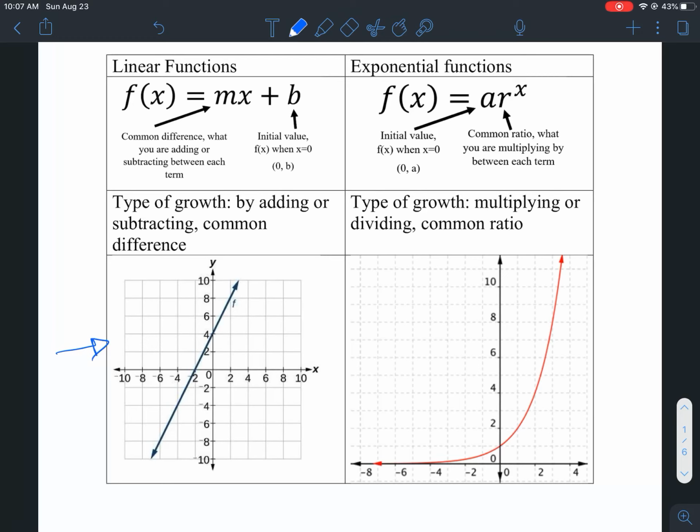The type of growth is going to be multiplying or dividing, also known as a common ratio. An example of an exponential function would be something that looks like this. If this explanation feels kind of confusing to you, we're going to do some problems that hopefully will solidify it and you'll be like, oh, okay, that's what she's talking about. We're going to refer back to this little chart throughout the problems.